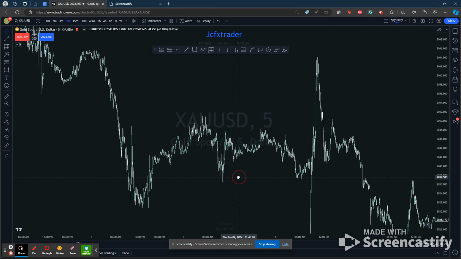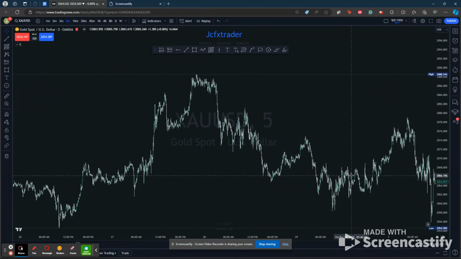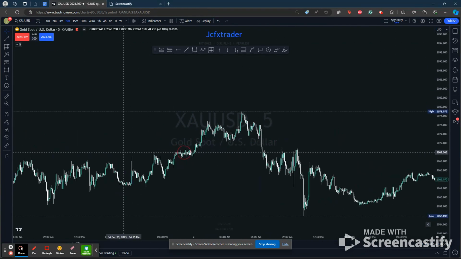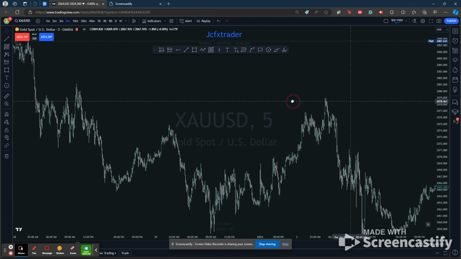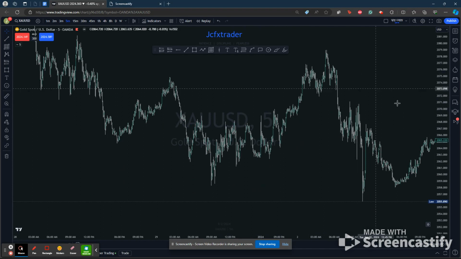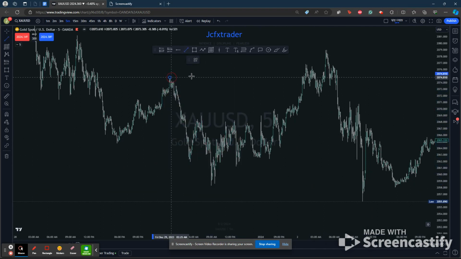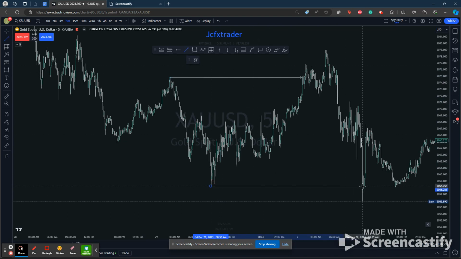So if we were to take a look at, let's take a look, right here, we have this high and these highs here. And if we're looking to trade inside of this range, you can see that we have buy side here and we have sell side here.